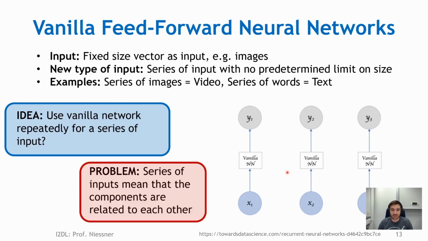However, the problem is that usually these kinds of sequential data depend on the previous components. So that means that the elements or the items in our series usually relate to each other. And this relationship we cannot handle by applying them individually and forwarding through our neural network.